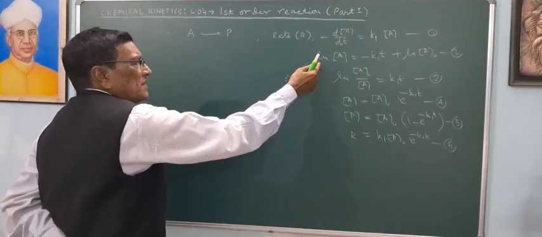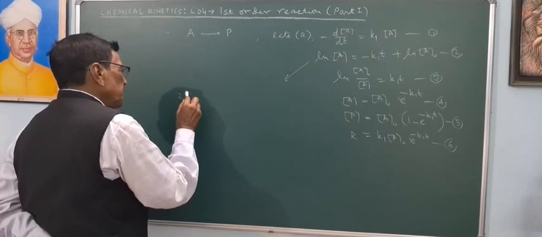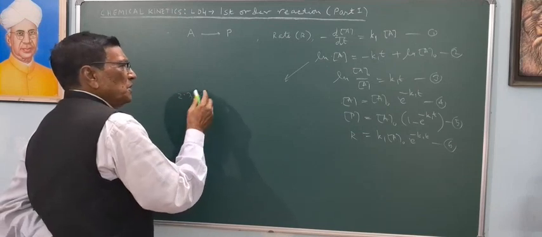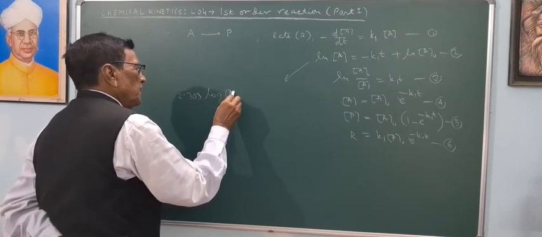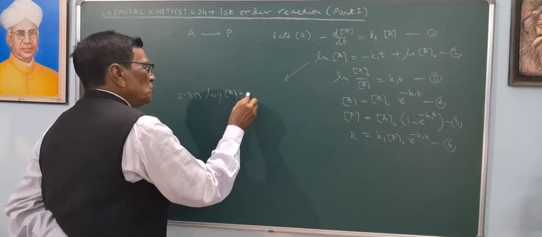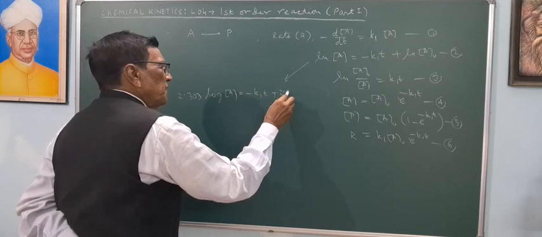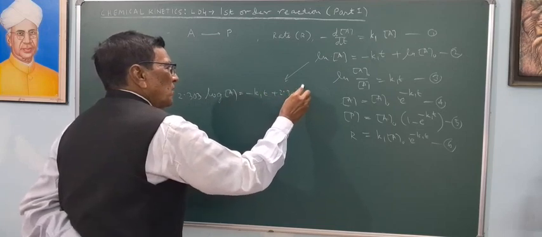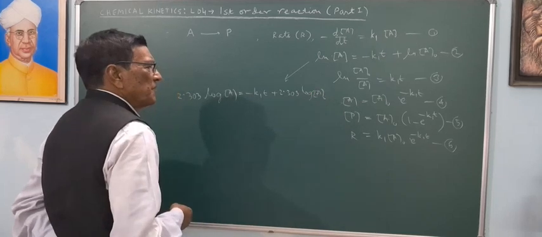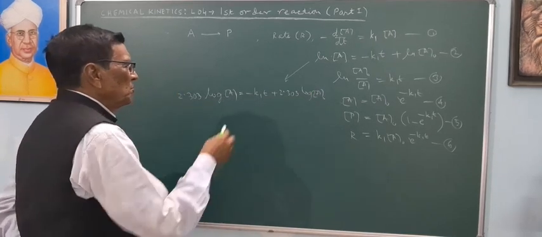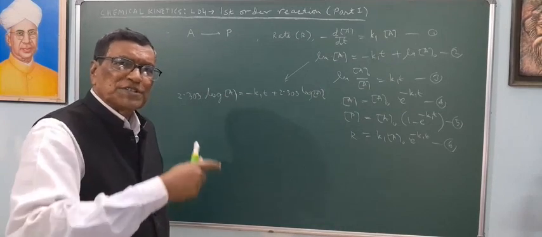If you convert this natural log to common log, then 2.303 is to be multiplied, and log concentration of A is equal to minus K1T plus 2.303 log concentration of A naught. And you know 2.303 you can eliminate from both sides.